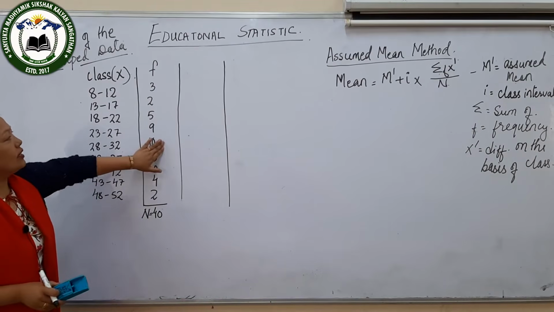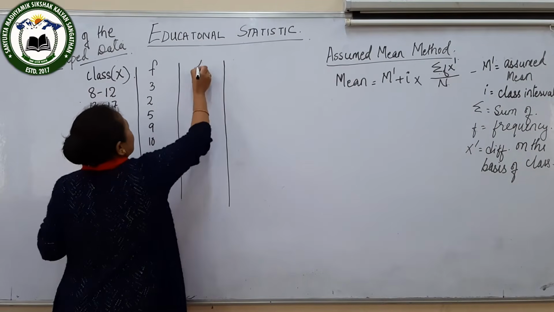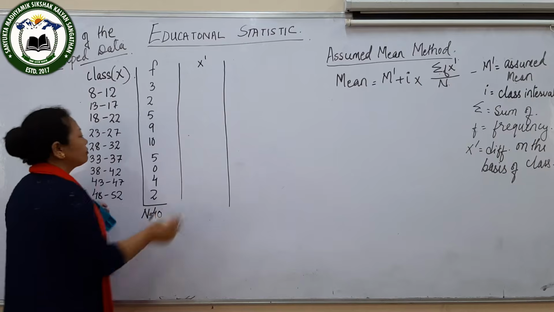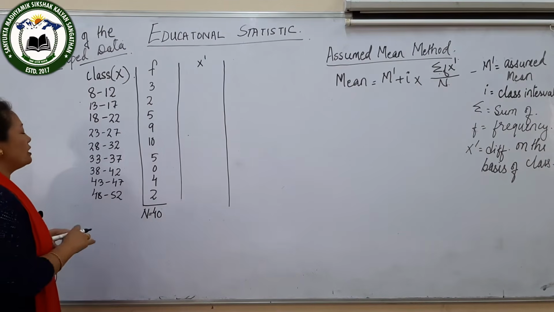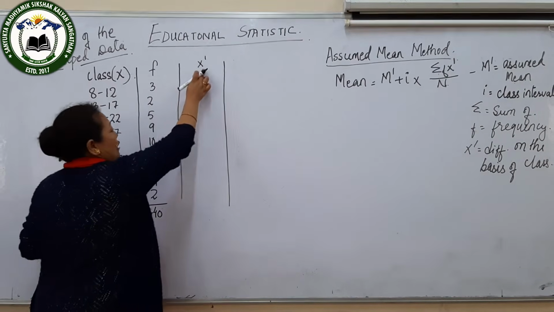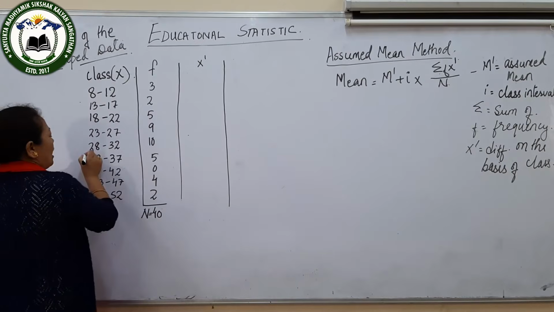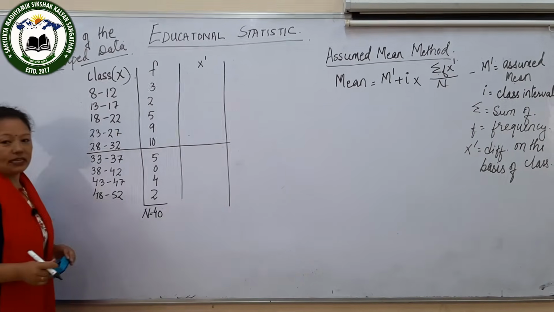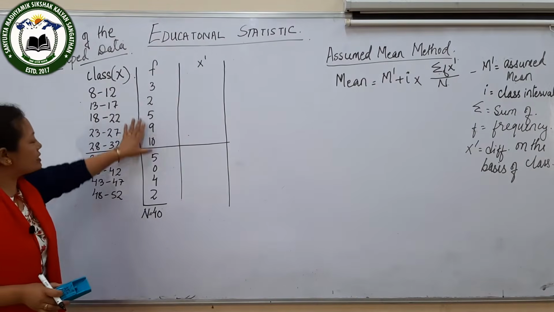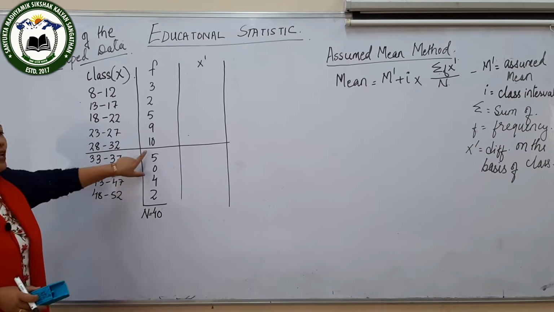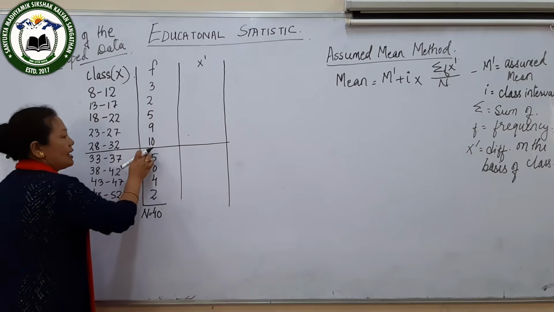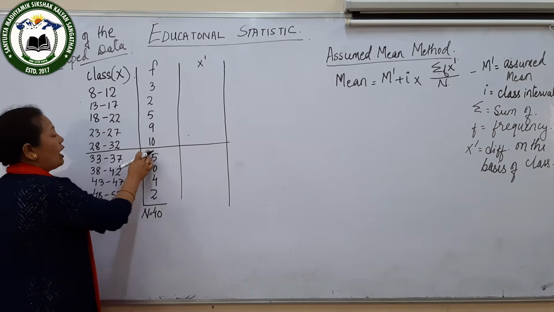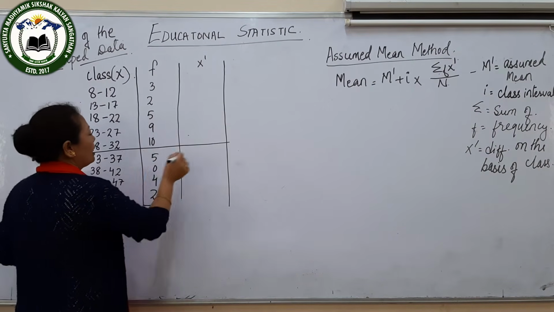Now what I need is x dash. Now, this is very important. For x dash, I will take out the number with the highest frequency. Now over in this series, we have 10 as our highest frequency. Okay.